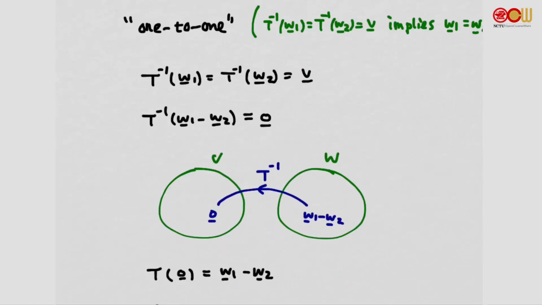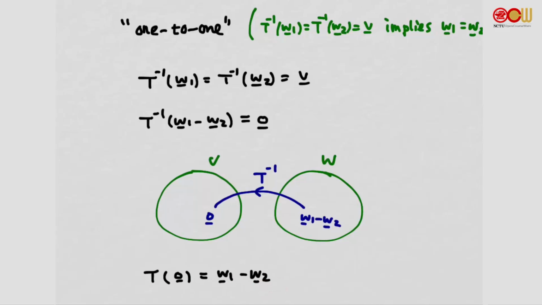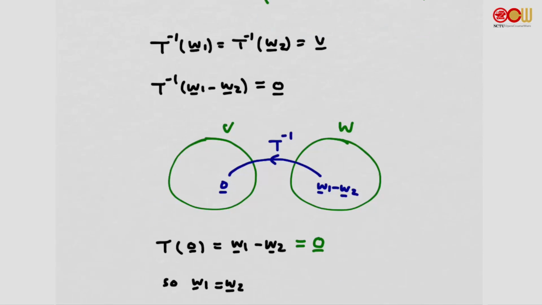And this means in particular that the image of the 0 vector under T is w1 minus w2. But we know T is linear, right? So the image of the 0 vector is the 0 vector. And therefore, w1 and w2 are the same vectors.